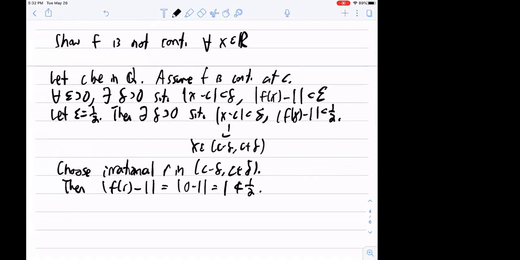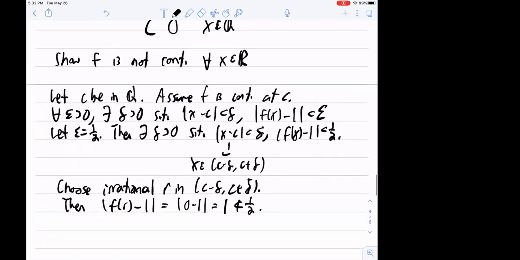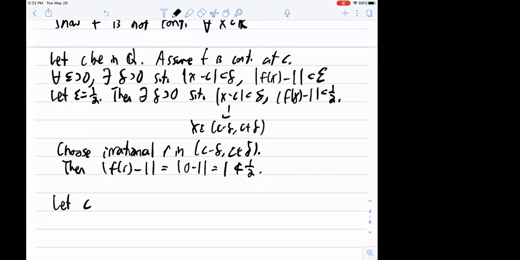Is everyone good? Okay, let's continue. That's case 1. Now we let C not be in Q, and the proof is the same.